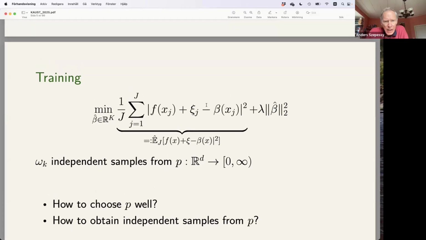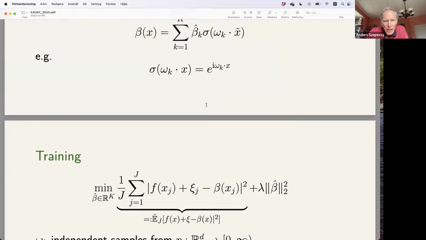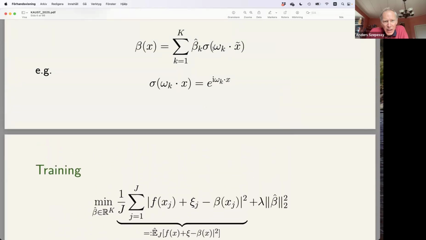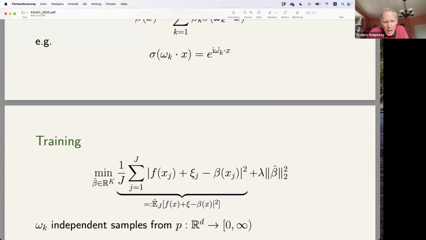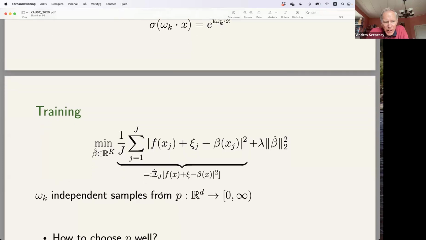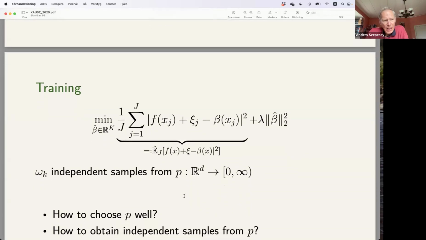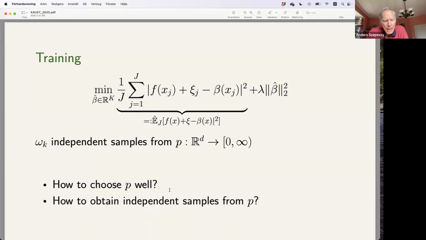The random features, the name random comes from that the frequencies omega, they are independent samples from a density P. And the whole issue is how to choose this density P. That's the first step that we want to understand. What is a good choice?